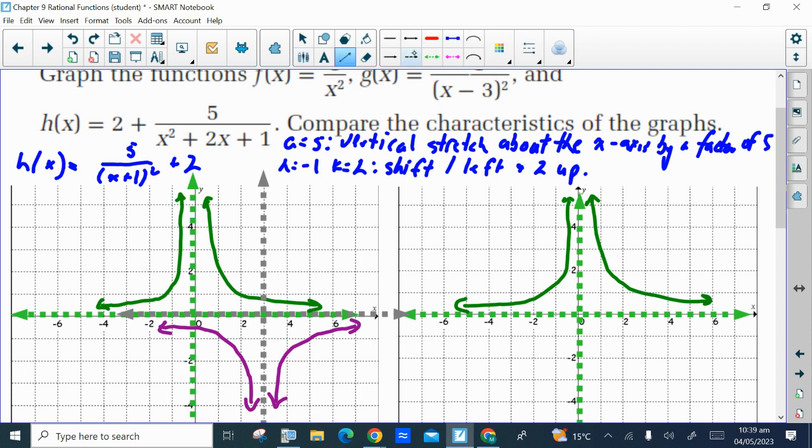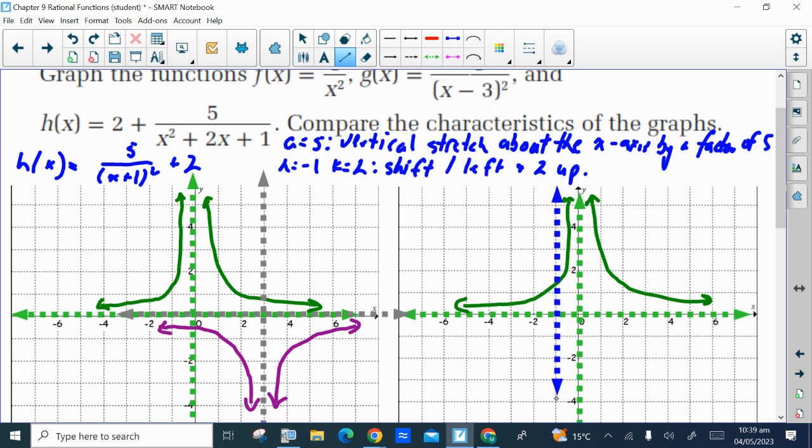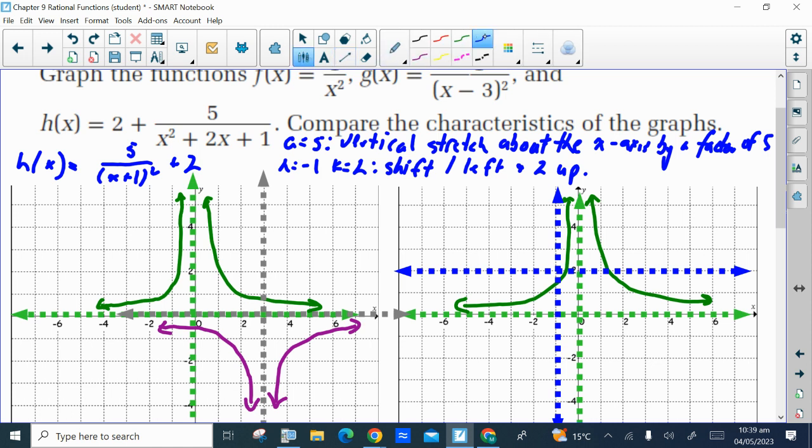So our asymptotes are going to change because it goes 1 left. One asymptote will be at -1, 2 up. The other one will be at +2. This graph is not reflected. It's just vertically stretched. So it just means the values of y will get bigger a little faster.